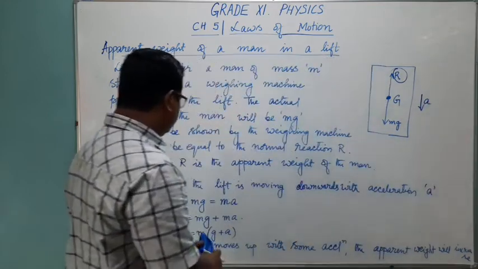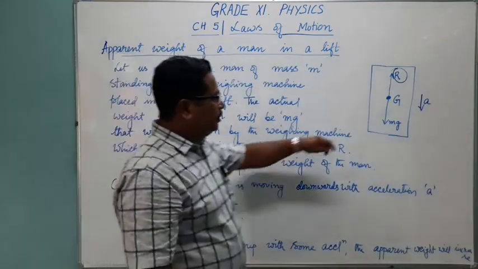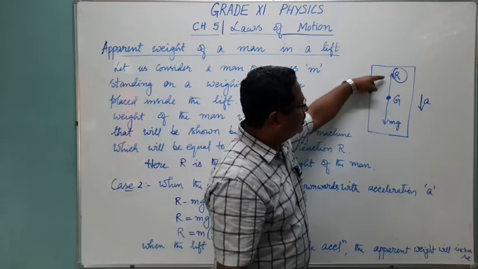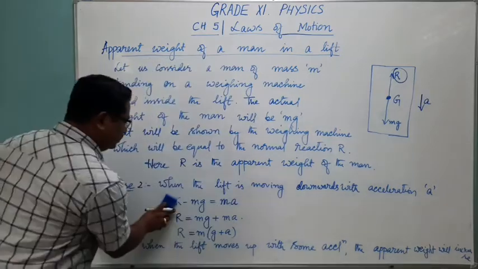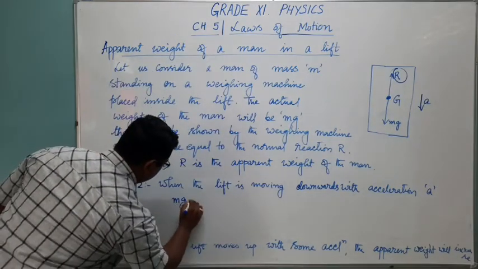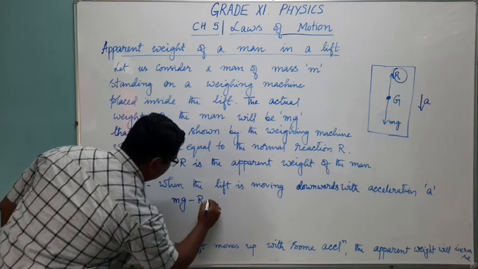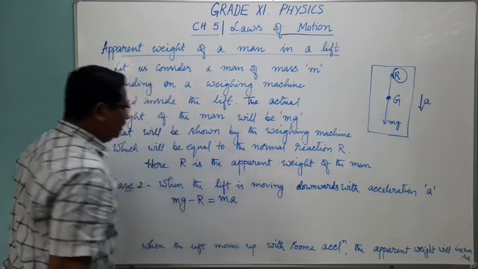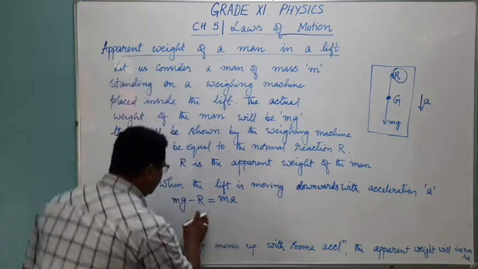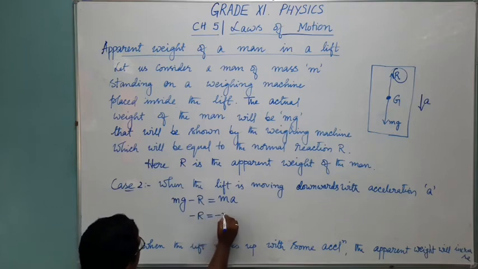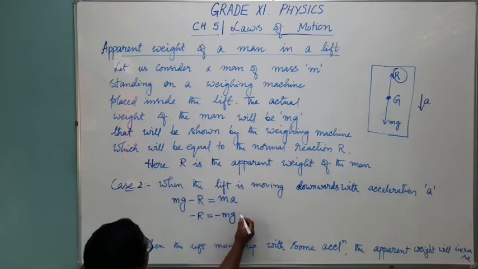If it is downside, then here the body is moving down, so mg is bigger than R, so we write mg minus R is equal to the mass of the man into the acceleration of the lift. So here what you get is minus R is equal to minus mg plus ma.